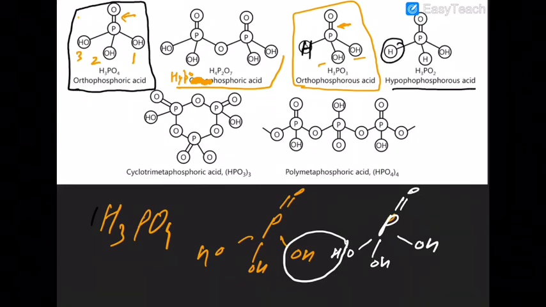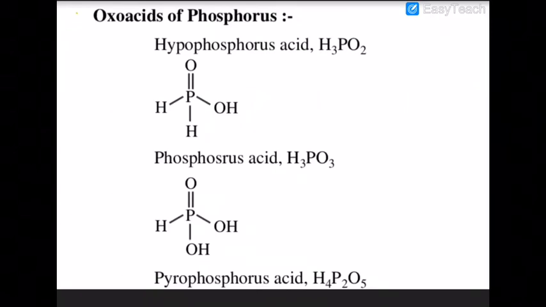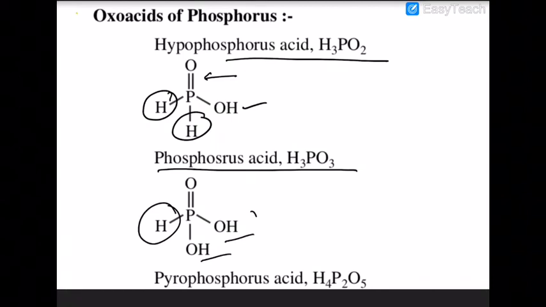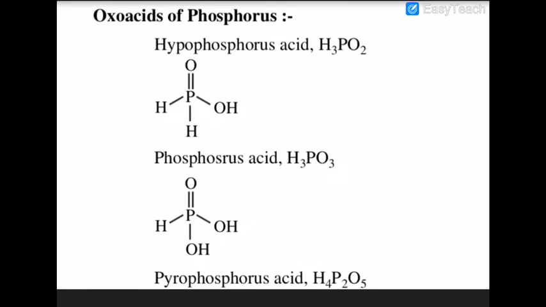Look at that, 2 H are there, and one OH, and there is one double bond. Phosphorus acid, only one H and two OHs there. Sure about that? So memorize these two very well.